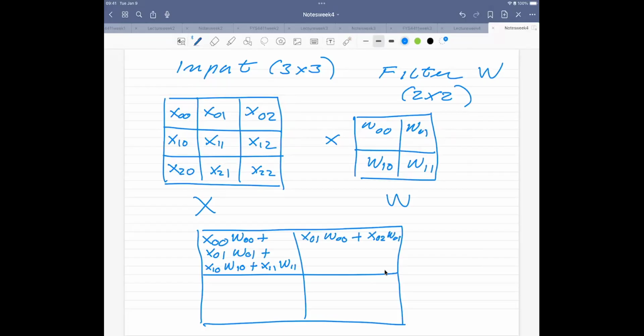And then we have x11 times w10 plus x12 multiplied with w11. So what we have done now in this operation is that we have moved one step to the right. And you see now that when you position yourself here, there is nothing after that.